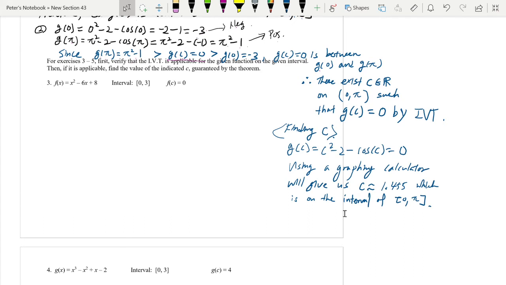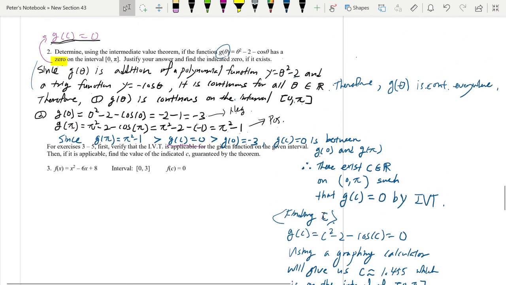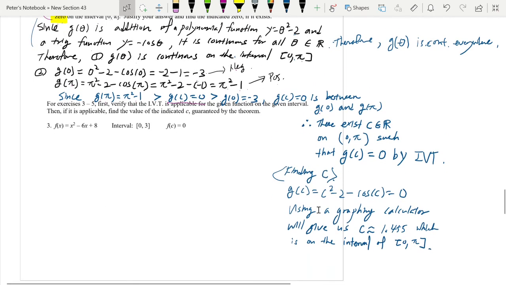All right. In this case, how do you find the c, by the way, if they ask you to find the c? So we established that c should be between, so graphically speaking, this is 0, and then let's say this is pi, right? We know that at 0, we got negative 3, right? And then at pi, we got like 1, 2, 3, 4, 5, 6, 7, 8, 9, 10, somewhere around here. Not the exact value.